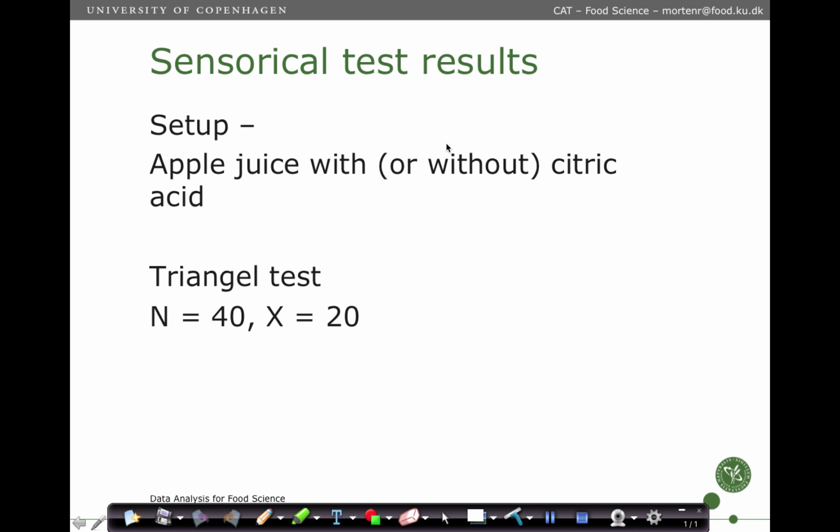The product is apple juice, and the difference between the 2 types of glasses is whether citric acid is added or not. From this trial, a total of 20 judges answer the question correctly, whereas the other 20 answer it wrongly.